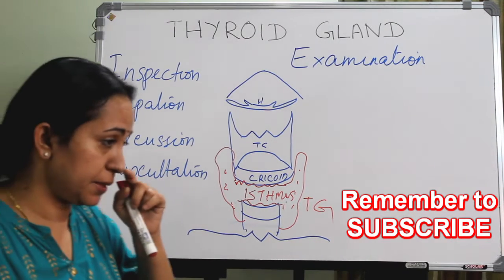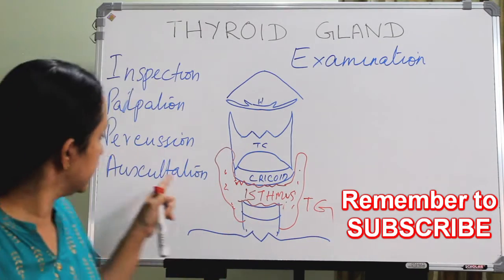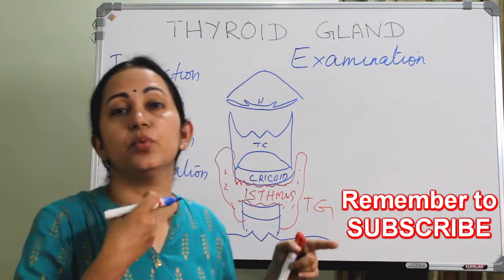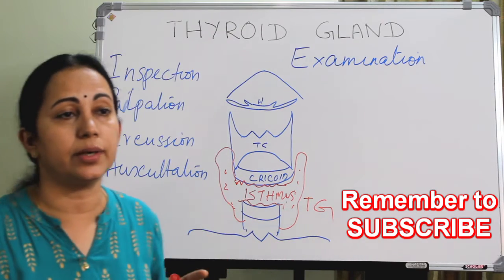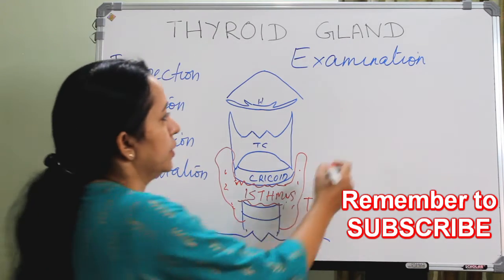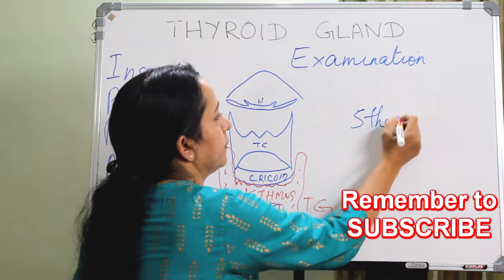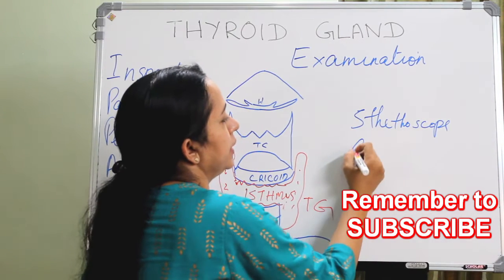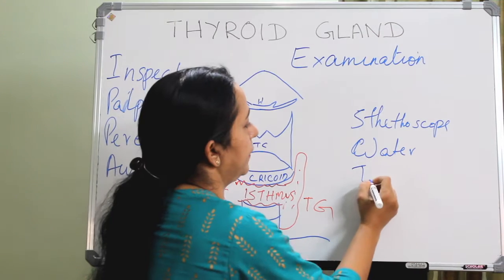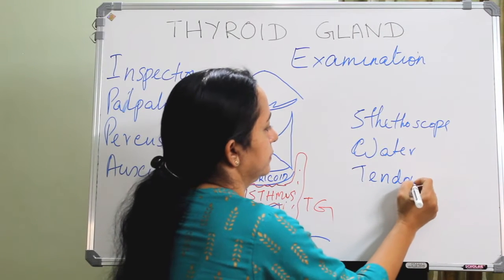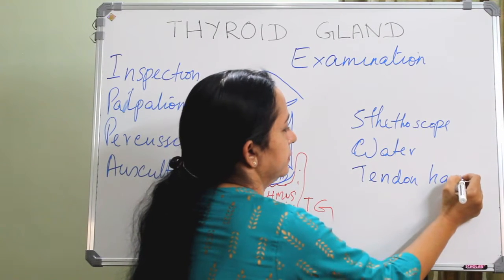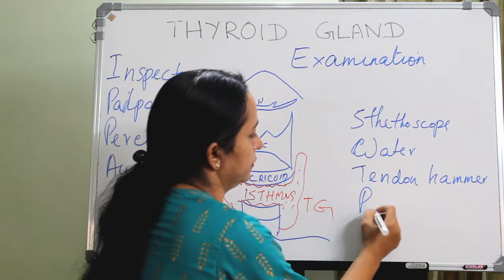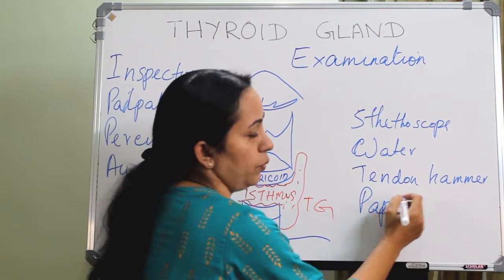And for examination, the things you need: one is a stethoscope for auscultation. Then to know whether it is moving with deglutition, ideally you want a glass of water. So you need a stethoscope, a glass of water, a tendon hammer, and you also need a piece of paper. For what, I will tell you.